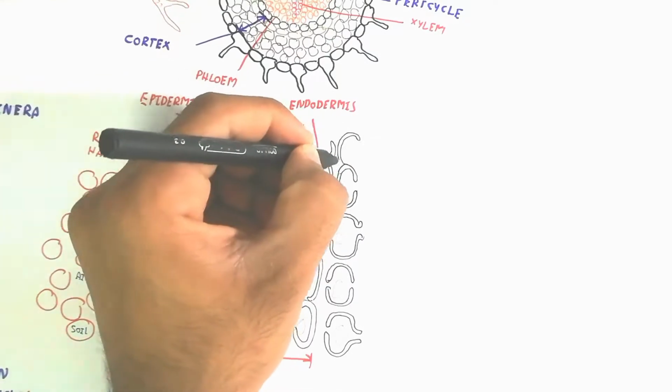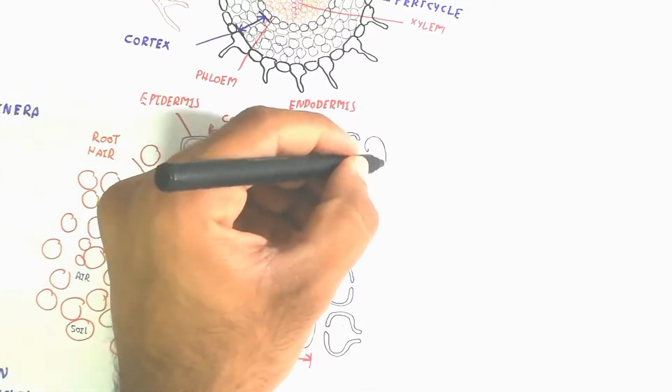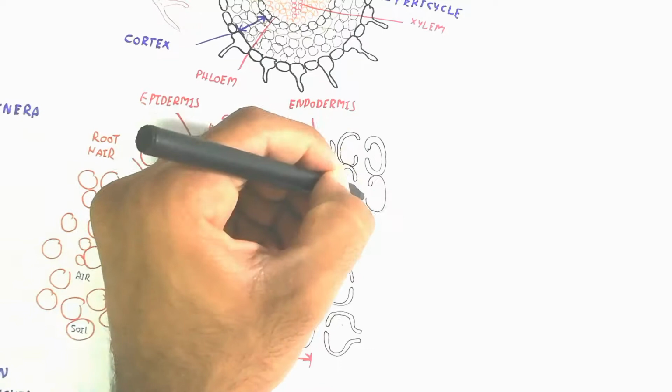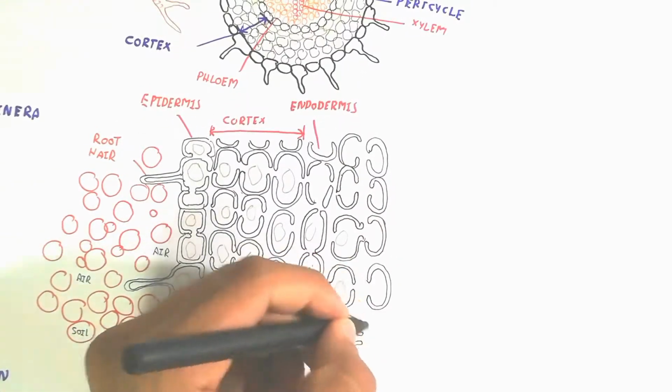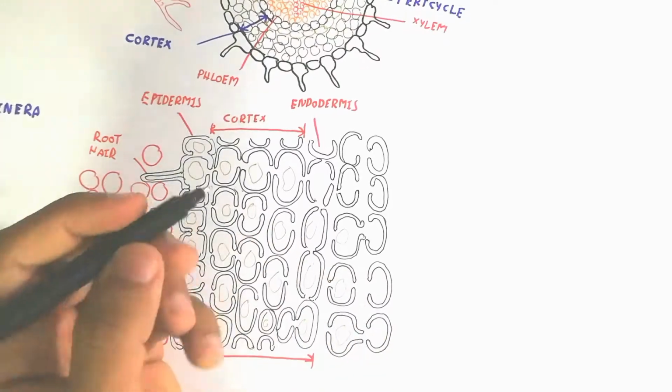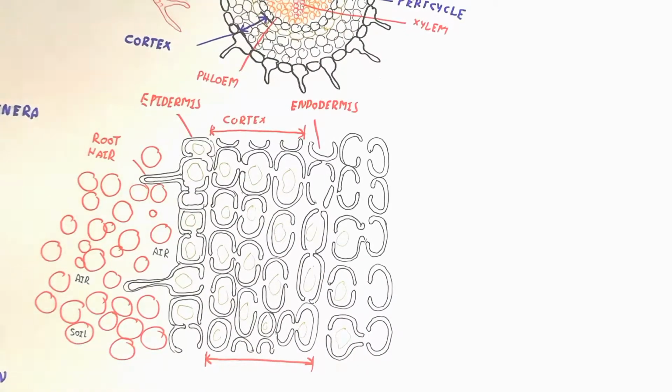Now we will talk about transport in plants in different manners. The plant transports water in different ways inside the xylem, and then the xylem conducts the water upward toward the leaves.